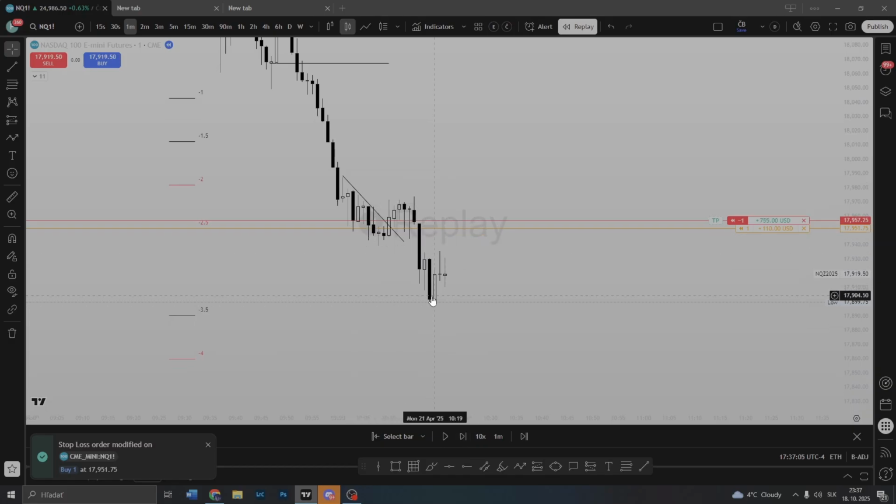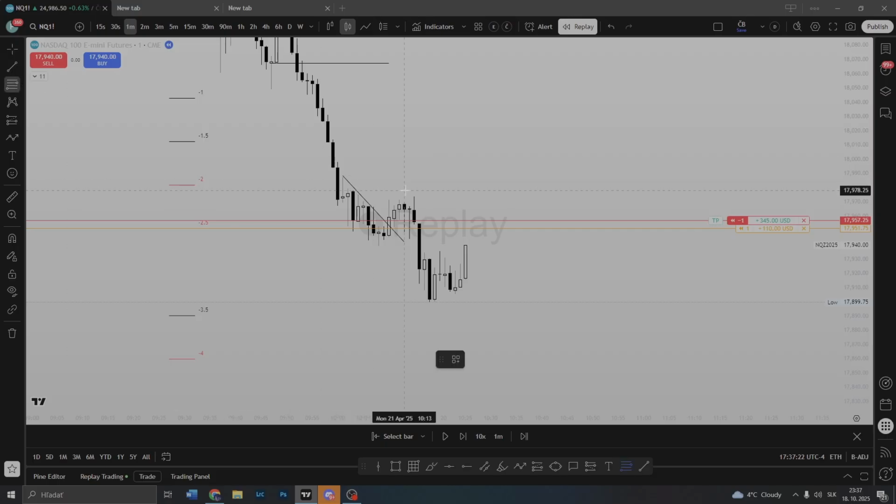Internal sweep. I would like to see us taking the lows again. Right now we should be at 50% of this range.